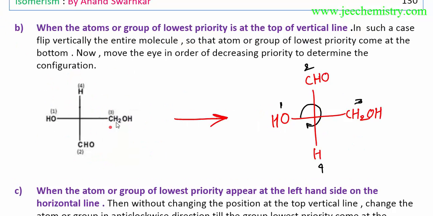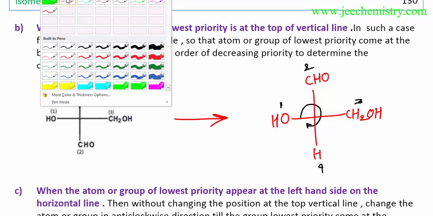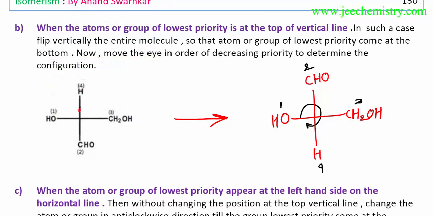Now in this example, I made some corrections. After the correction it is all right. Now suppose this is given and the fourth priority group is not in the lowest position. If you want to answer directly in the examinations without converting from one to another, then if the fourth is not in the lowest position, we number 1, this is 2, this is 3, this is 4.